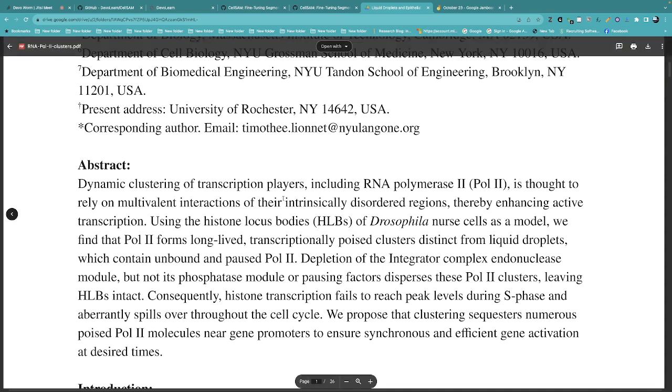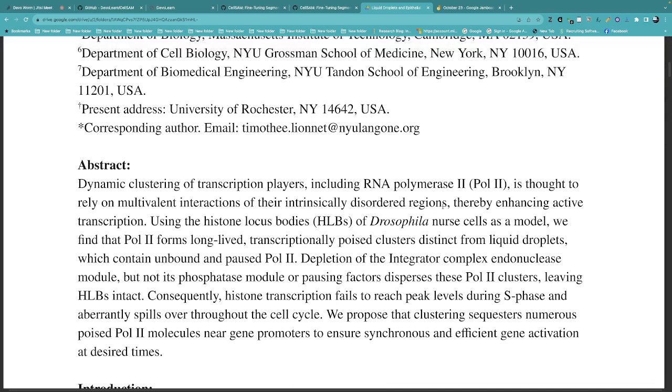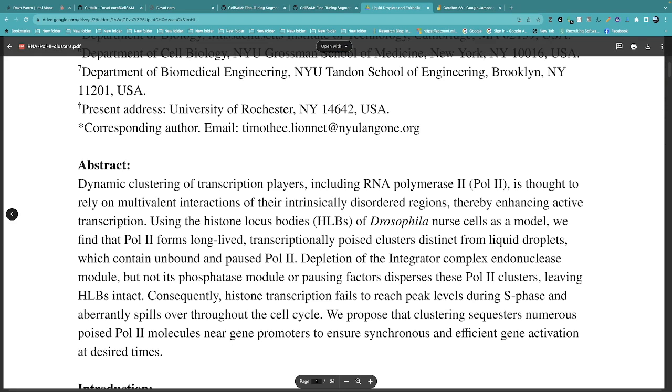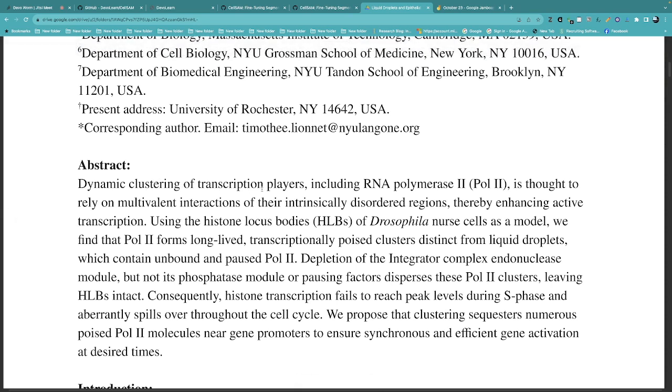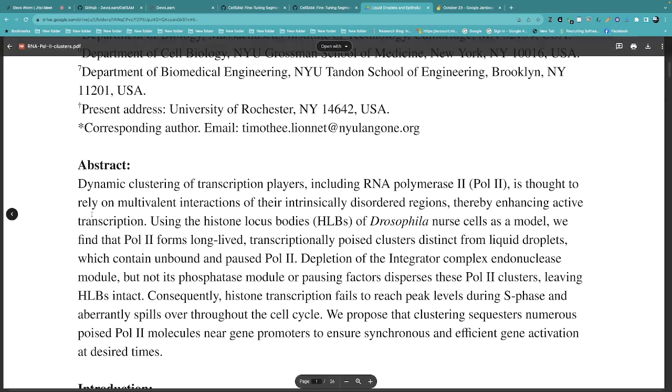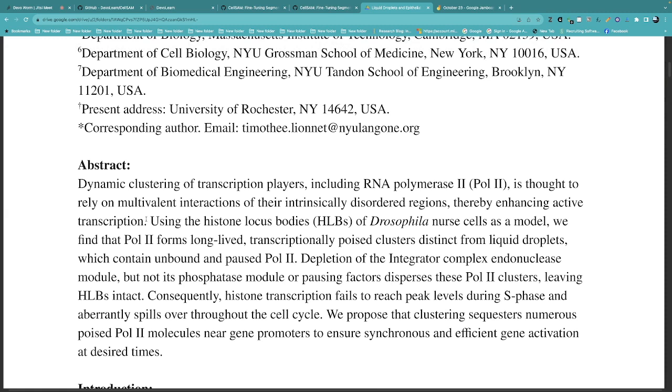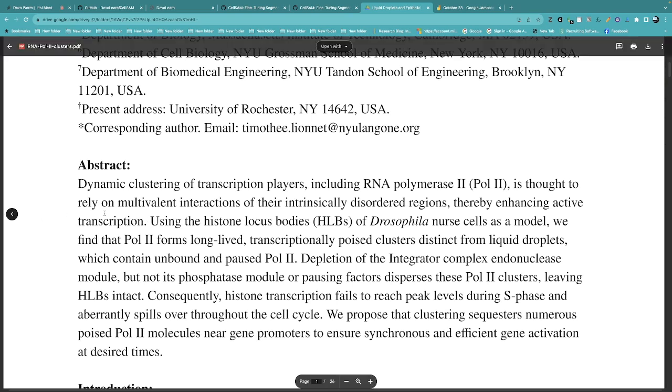This is thought to rely on multivalent interactions of their intrinsically disordered regions, thereby enhancing active transcription. So this is where you get this dynamic clustering. It allows for interactions in intrinsically disordered regions, and this enhances active transcription. So this is a mechanism to enhance transcription through there being more Pol-IIs in a certain place.